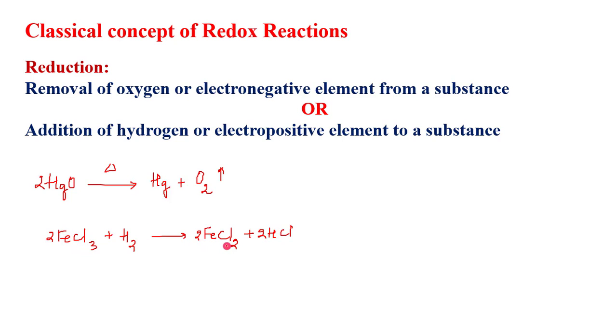Now it has changed to 2 chloride ions. It was ferric chloride. Now it has changed to ferrous chloride. Okay, you focus on the electronegative element. You are removing electronegative element from that substance. There were 3 chlorine atoms. Now there are only 2 chlorine atoms. So removal of oxygen based on this equation, or removal of electronegative element based on this equation, you call it as reduction.